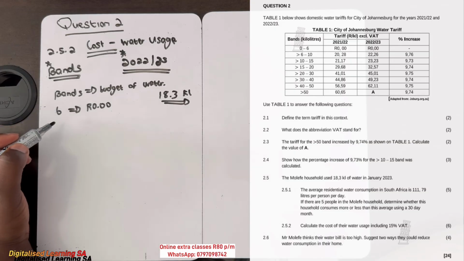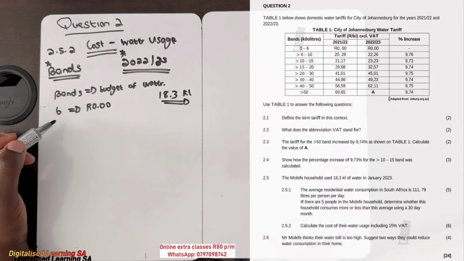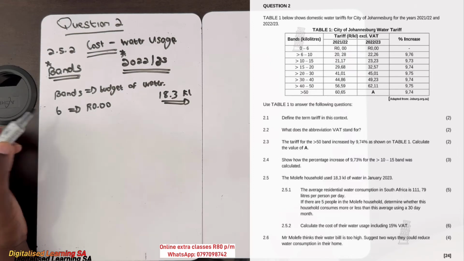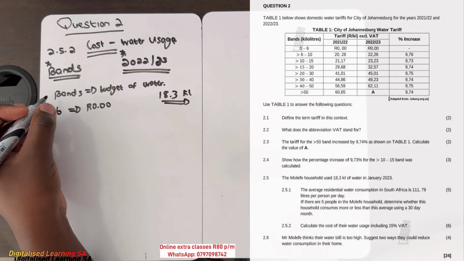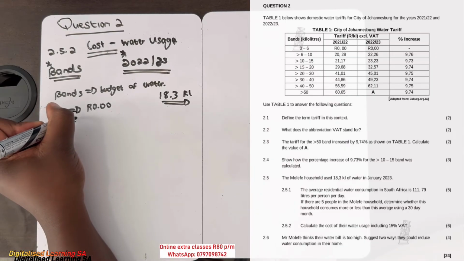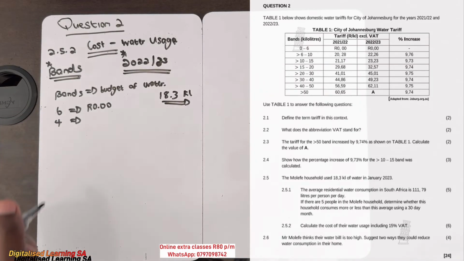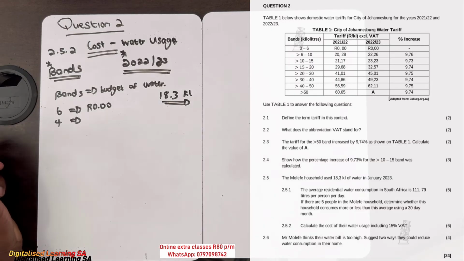So the first 6 cost nothing, but then we are told that 6 to 10 cost 22.26. So in order for us to get to 10, we need to add 4 to the 6, meaning that now we have 10. And then we can apply the cost provided for this specific band or buckets, for your understanding.